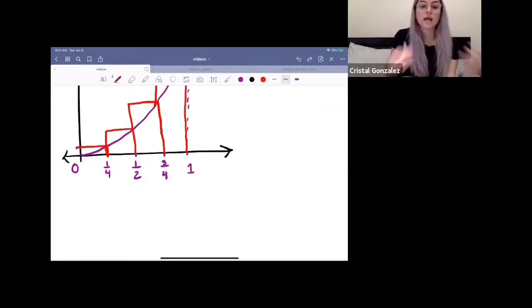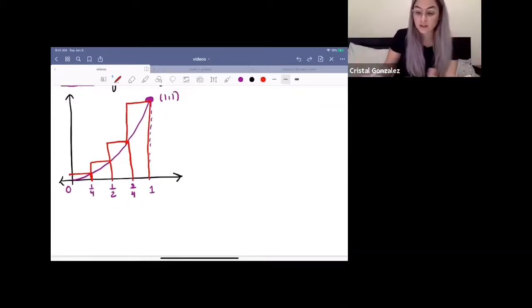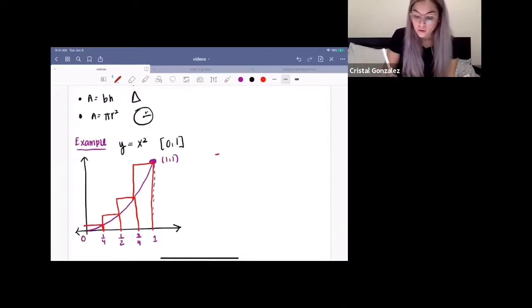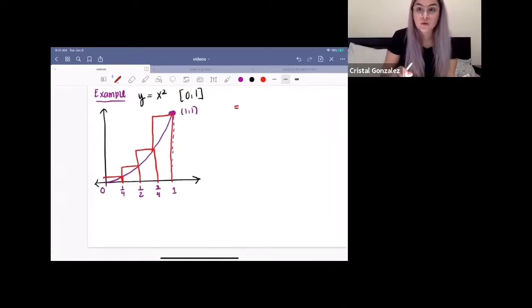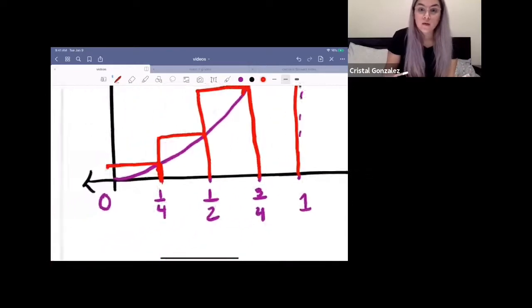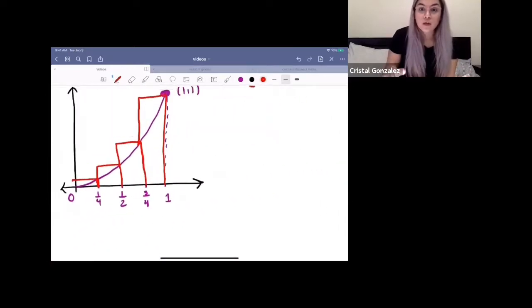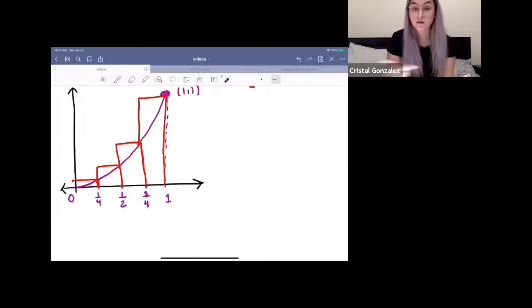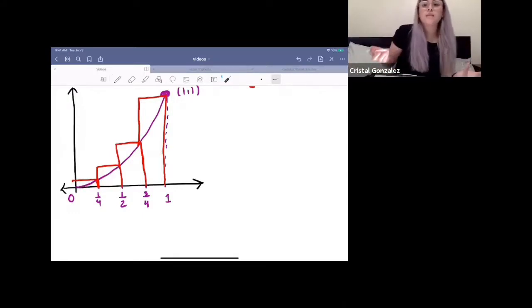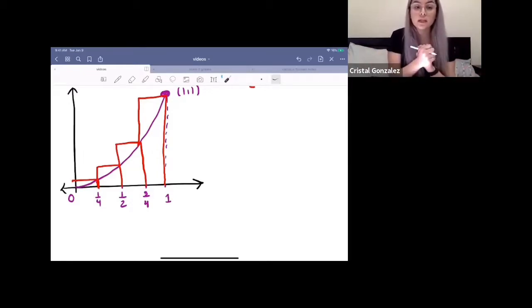And so now, in order to approximate this area, if we use these rectangles to approximate it, the area that's drawn in red is going to be the area of this rectangle, this rectangle, this rectangle, and this rectangle, all added together, all summed up together. Hence, this is why we started going over that sigma notation, because it's going to come in handy later on in this section.